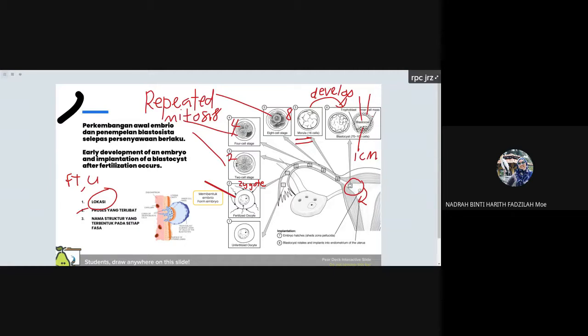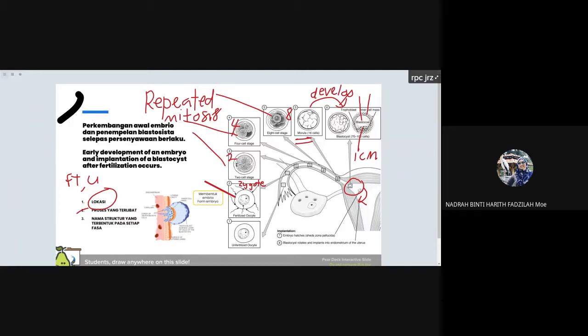Macam mana kita boleh kenal blastosis? Sebab dia ada dua layer of cell. Layer yang paling luar kita panggil sebagai trophoblast, layer dekat dalam kita panggil inner cell mass, and then inside there containing fluid kita panggil sebagai blastocell. Once it is in the form of blastosis, the structure, the embryo, kita dah tak panggil zygote lah, kita panggil embryo.